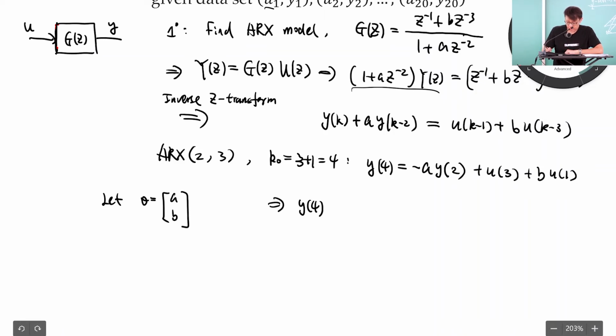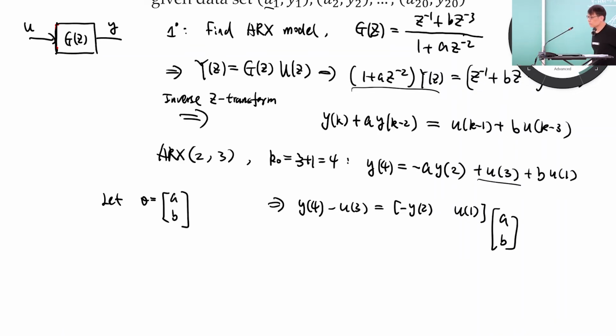So I will propose the following: y4, what do you think? I should move this u to the left. y4 minus u3 equal to negative y2, u1 times a and b. Okay, I always like to see this.